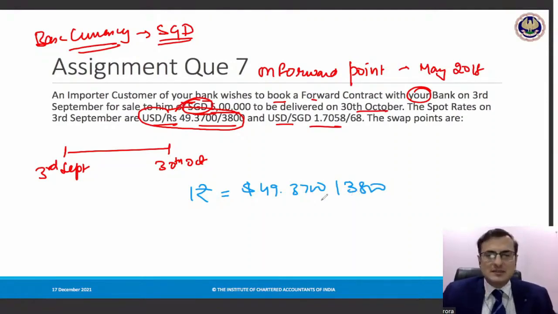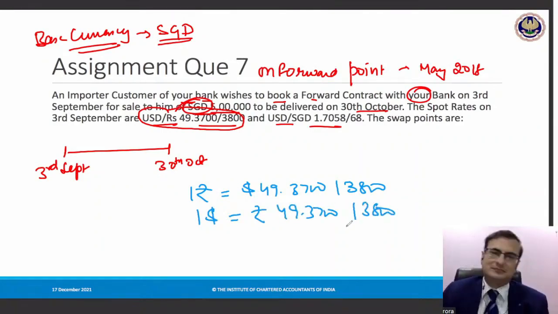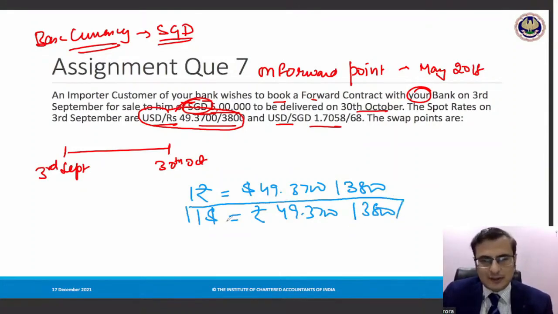These dots are not a mistake. How can $1 be this many rupees? Okay, it's very logical that $1 is equal to rupees 49.3700 and 3800. With this basis you have to do all your calculation.